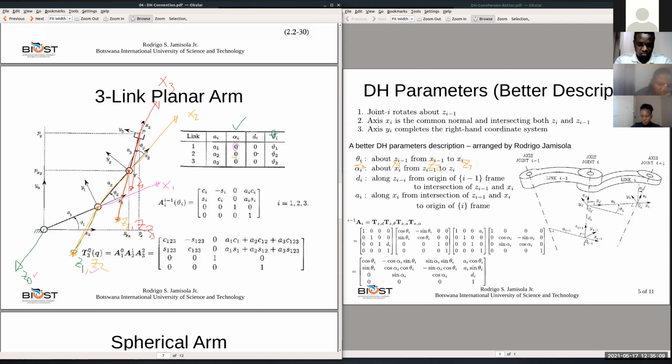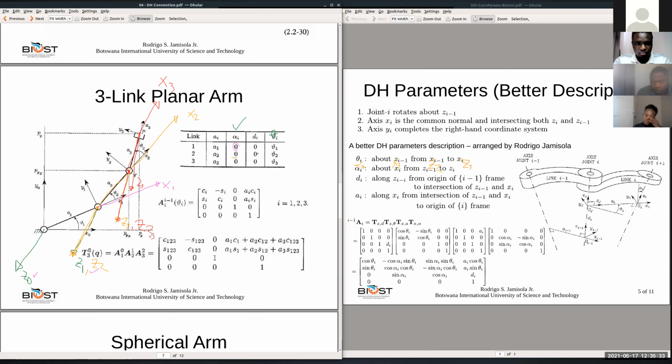So now from X3, rotation about X3 from Z2 to Z3. Again, Z2 is the pointing of the four fingers in your hand, and then from Z2 to Z3, but Z2 in this direction rotates about X3.